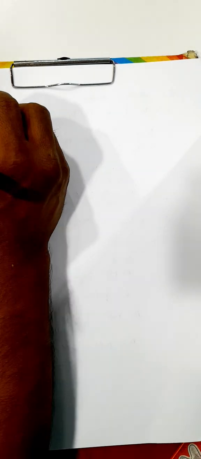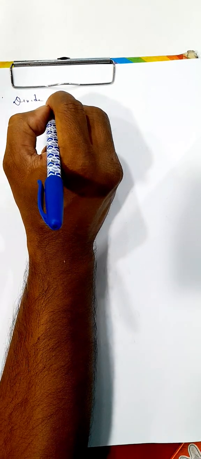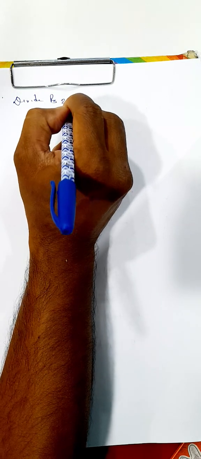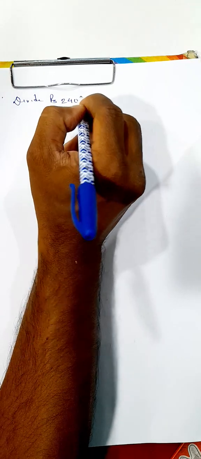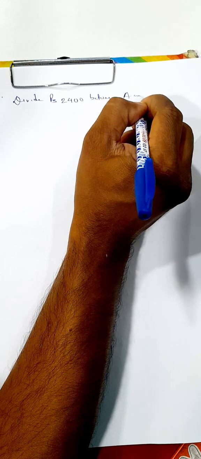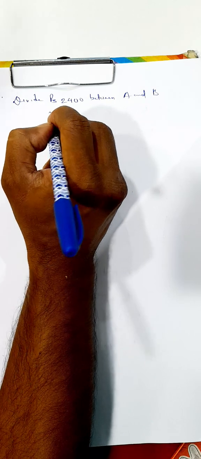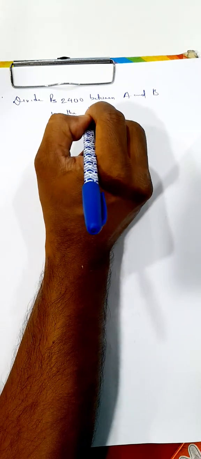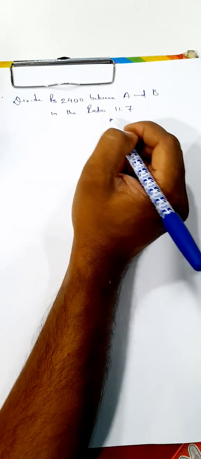Question: suppose divide rupees 2400 between A and B in the ratio 11:7, right? 11:7. So let's solve this.